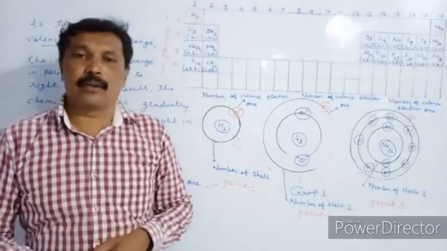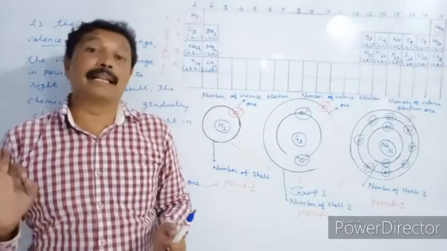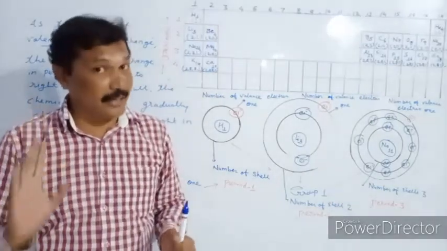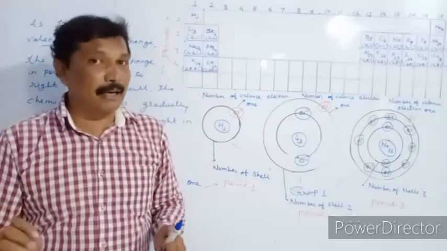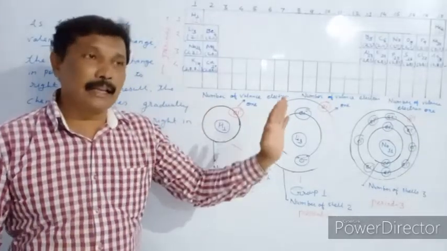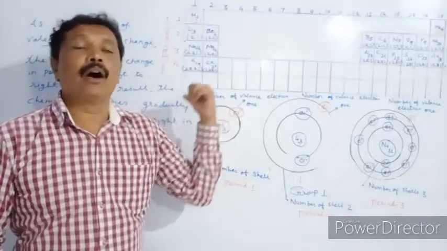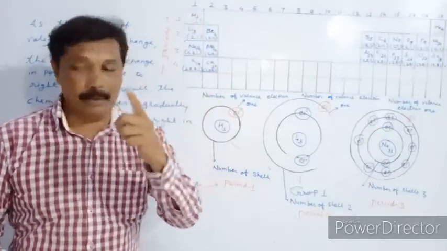The next factor on which we are going to have brainstorming is the atomic radius and atomic size of an element when we move left to right in a period of the modern periodic table.